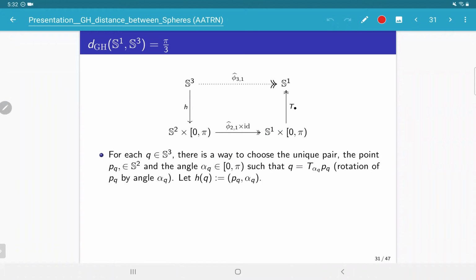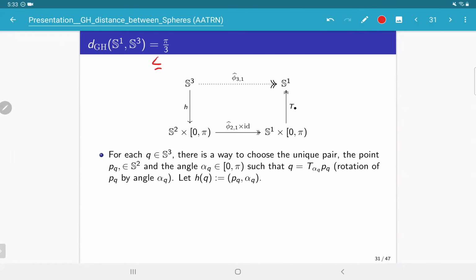So next, another case when the equality happens is when m equals 1 and n equals 3. The proof of this fact is rather more complicated than the previous one, but at least let me try to sketch the construction of the map. Again, we only need to prove the upper bound.